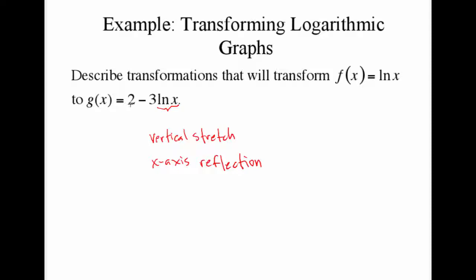That 2 is being added to the function values, so that's going to involve a vertical translation. So again, we see just the natural log of x, the parent function, the standard graph that we just looked at, but when we start adding coefficients and adding things to the function itself, then we get these different transformations.